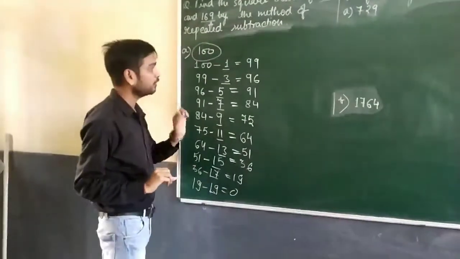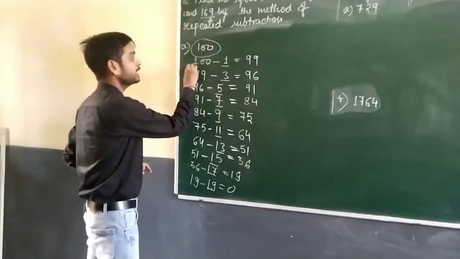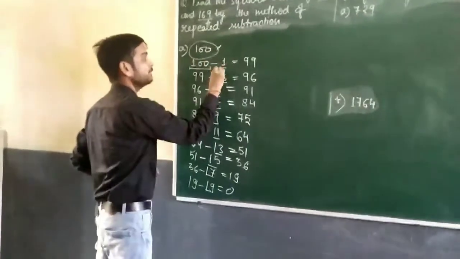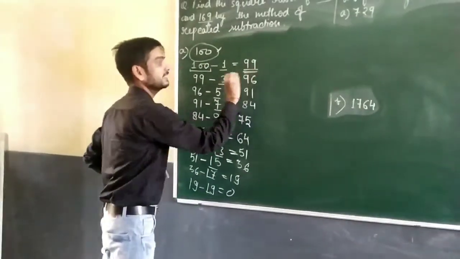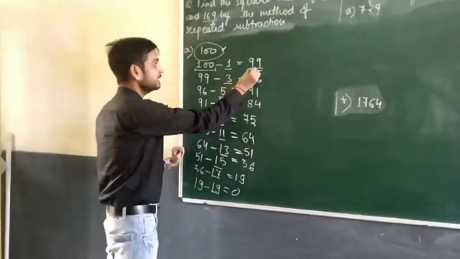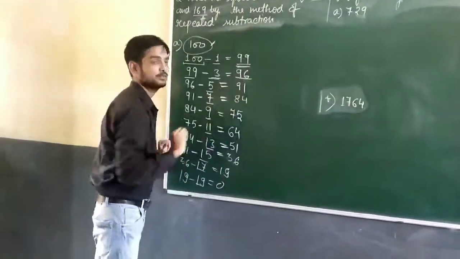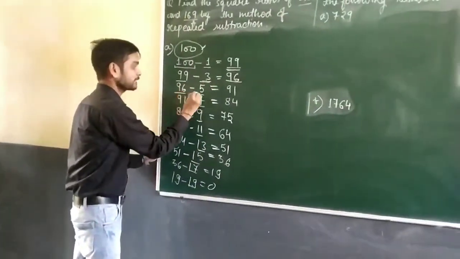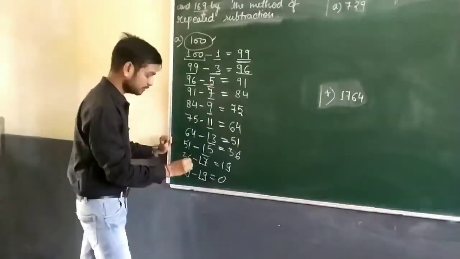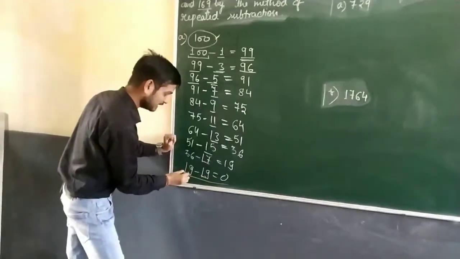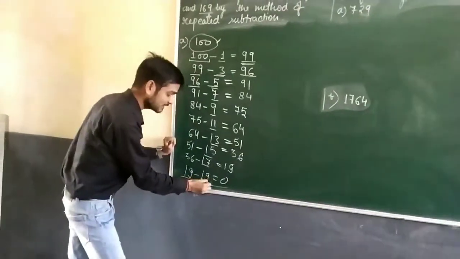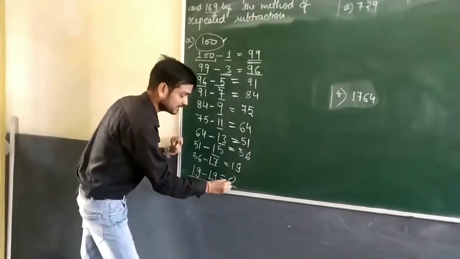And let's see how we will subtract. Firstly, we will subtract 1 from this number. You can see here 99 will come. Then 99 minus the next odd number, then 96 will come. Then 96 minus the next number. Now in the last, you can see 19 will be remaining. 19 minus 19, the odd number, so the answer is 0.